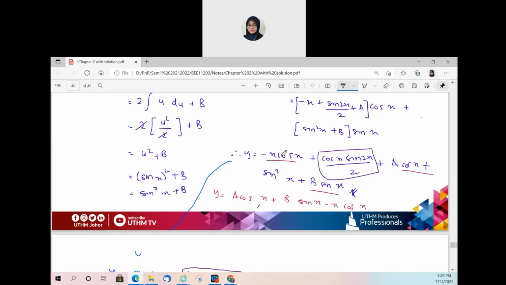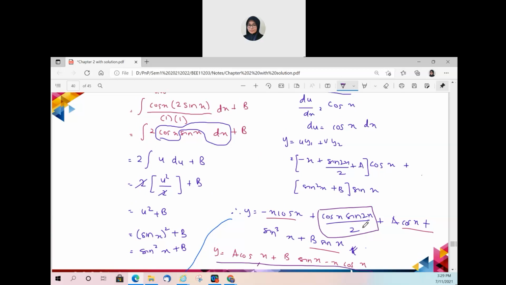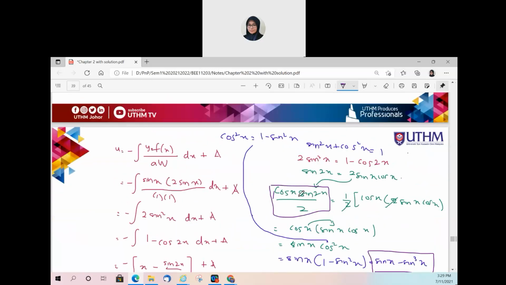Nampak tak? Then you know that you have to do something with this one, because this part is not part of this equation. Dia tak ada pun dalam equation ni yang ni. Betul. Okay, then you keluarkan cos x sin 2x over 2. Then try to solve this equation.